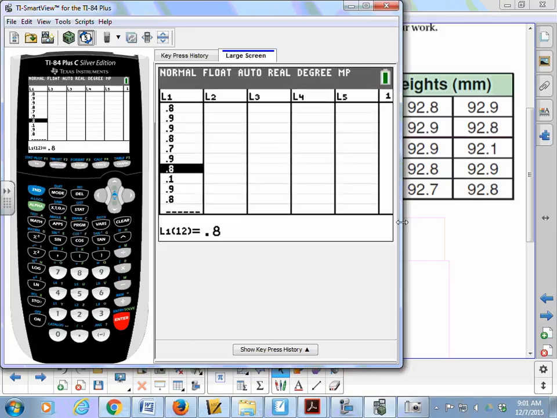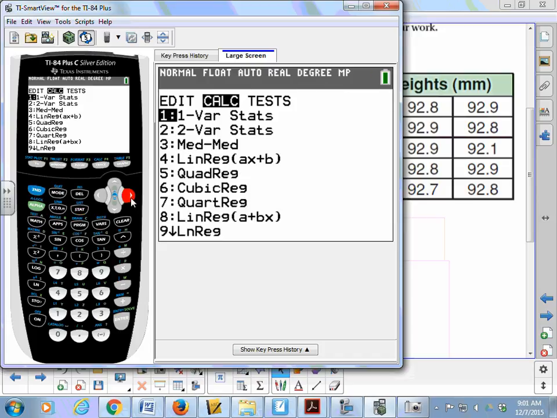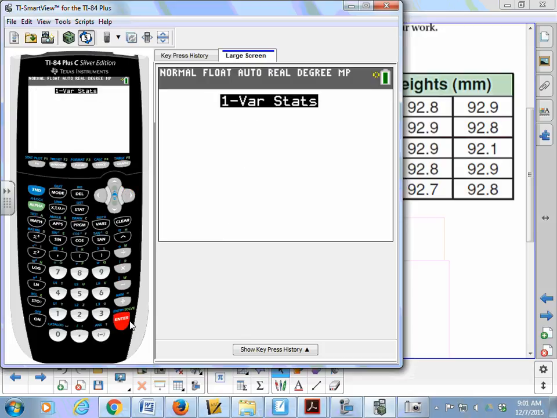Right. So we go to stat, calc, one variable statistics, because we need to find the mean and the standard deviation. All right, our data is in list 1.